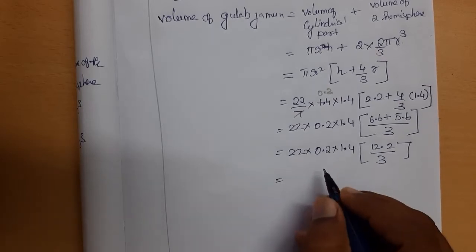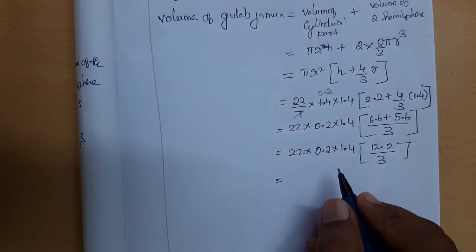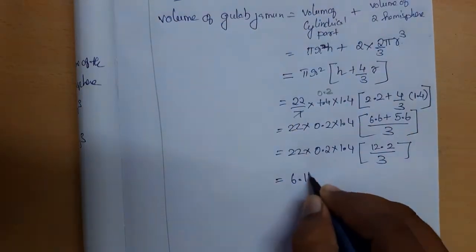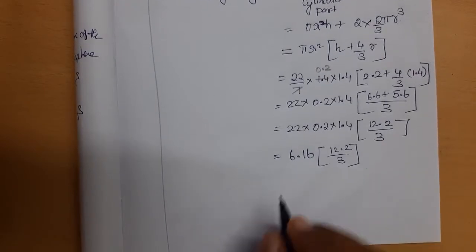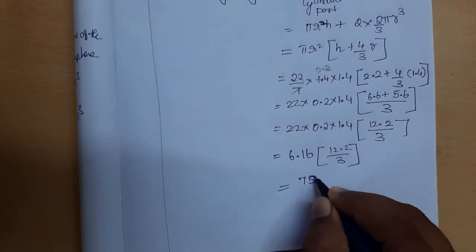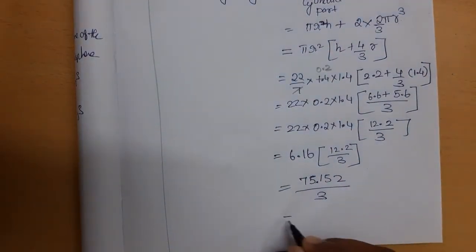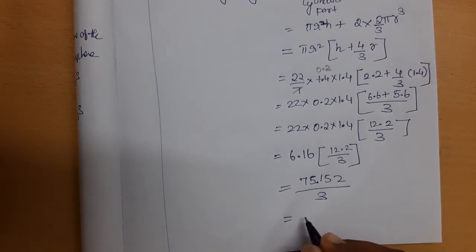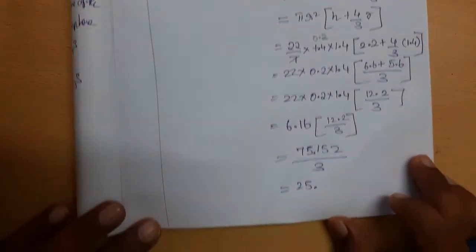So 22 into 0.2 is 4.4. 4.4 into 1.4 is 6.16, so 6.16 into 12.2 by 3. Now we have to simplify this, and if you multiply 616 into 122, you'll get 75,152 with 3 decimals, divided by 3, right? So if we divide this, we will get 25.05.